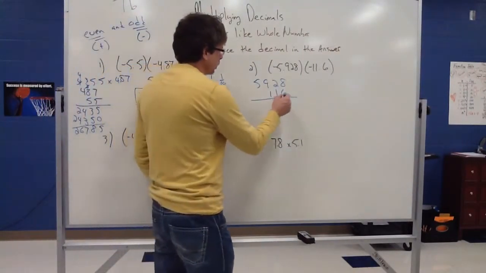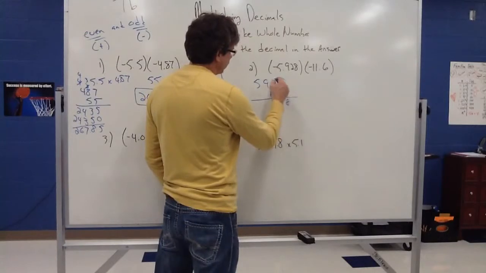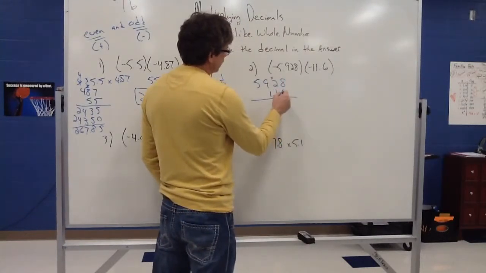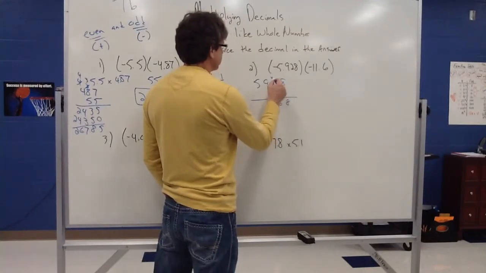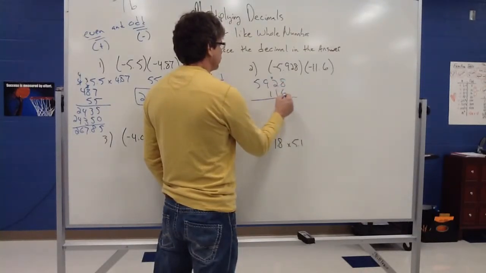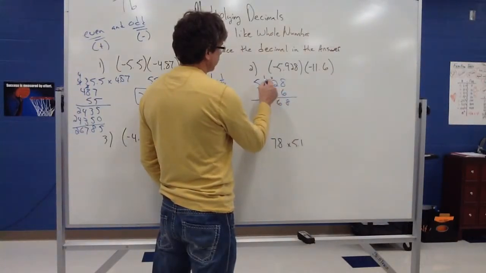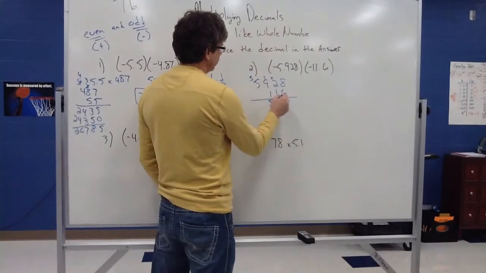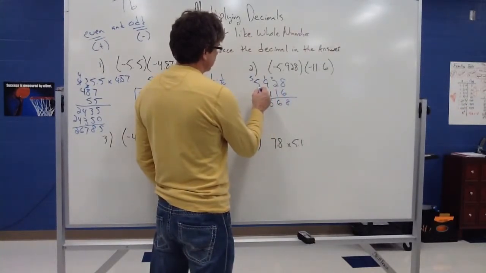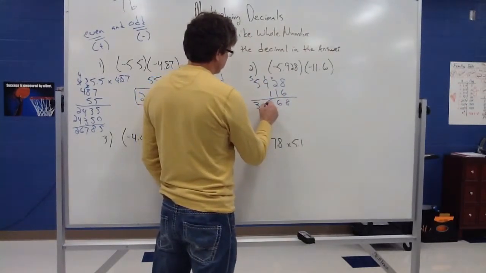So old school, we go 6 times 8 is 48, carry the 4. 6 times 2 is 12, plus 2 is 16. Carry a 1. 6 times 9 is 54, plus 1 is 55. Carry a 5. 6 times 5 is 30, plus 5 is 35.